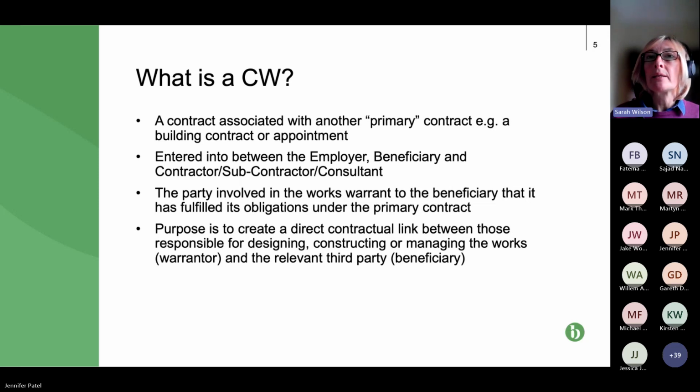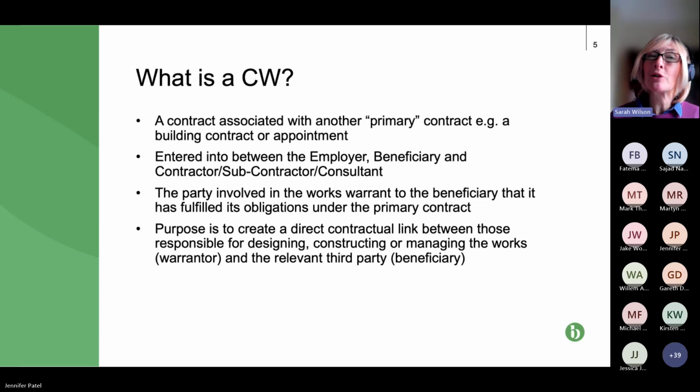And it means that third parties can't use that contract or make claims against either of the parties on the basis of that contract. And of course, in construction, we often have long supply chains. So the collateral warranty is a means of giving effectively a contract to third parties so that they can pursue the construction parties, the main contractor, the subcontractors, and the consultants, if there is a problem with the work.